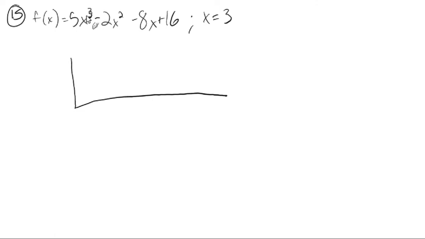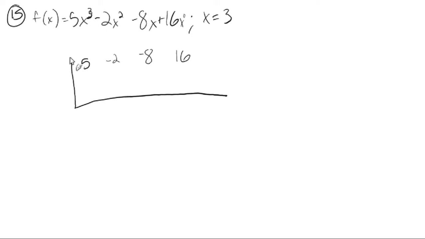So we got a power of 3, next should be 2, and next after that should be 1, and next after that should be just a constant, because 1 would be the smallest power of x that you would have. This really is x to the 0, right? And you'll remember that anything to the 0 is 1, so that's just 16 times 1. Okay, so we put all the coefficients here, since it goes 3, 2, 1, 0 in the powers of x.